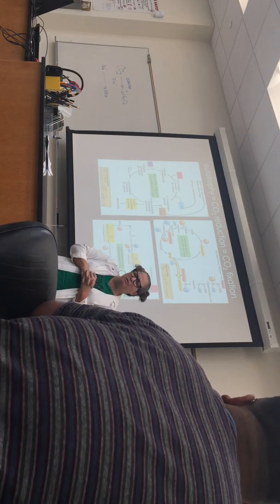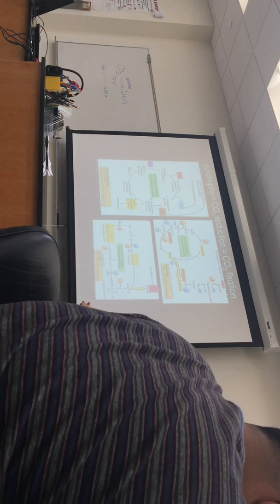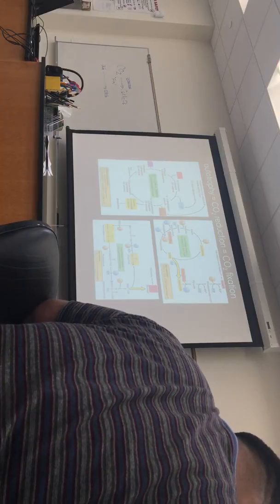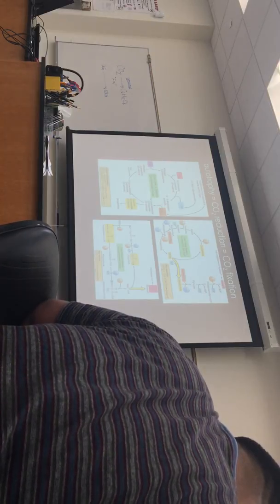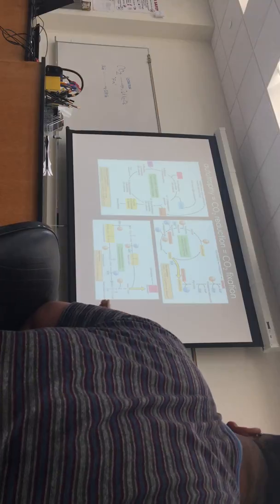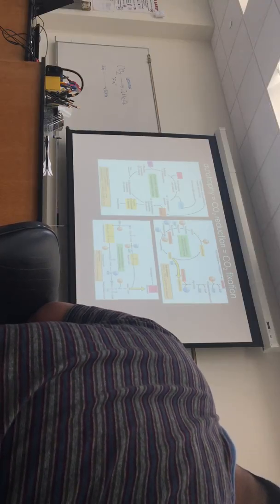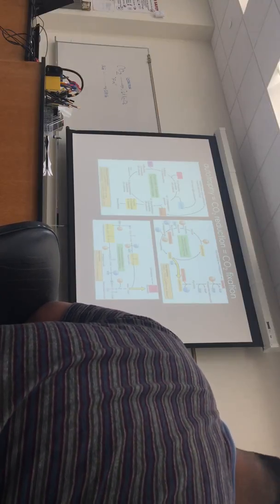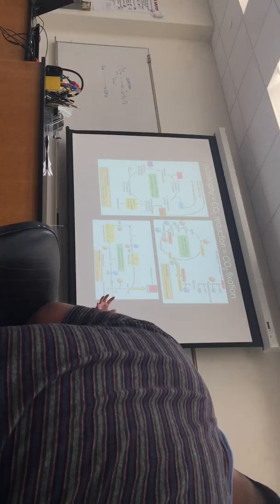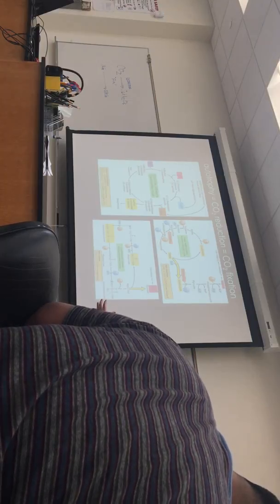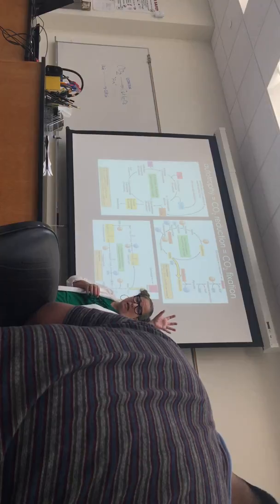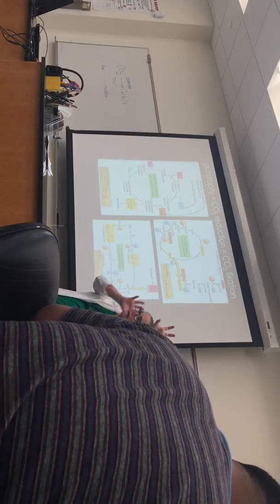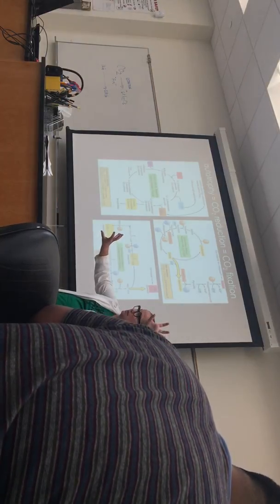Now, if you're wondering why the reverse citric acid cycle, it's because if you knew a lot about the Krebs cycle, you would notice this is the exact reverse of the Krebs cycle. You think, Krebs cycle, what does that have to do with photosynthesis? Krebs cycle has nothing to do with photosynthesis. Krebs cycle has to do with taking an organic molecule and oxidizing it completely to CO2.